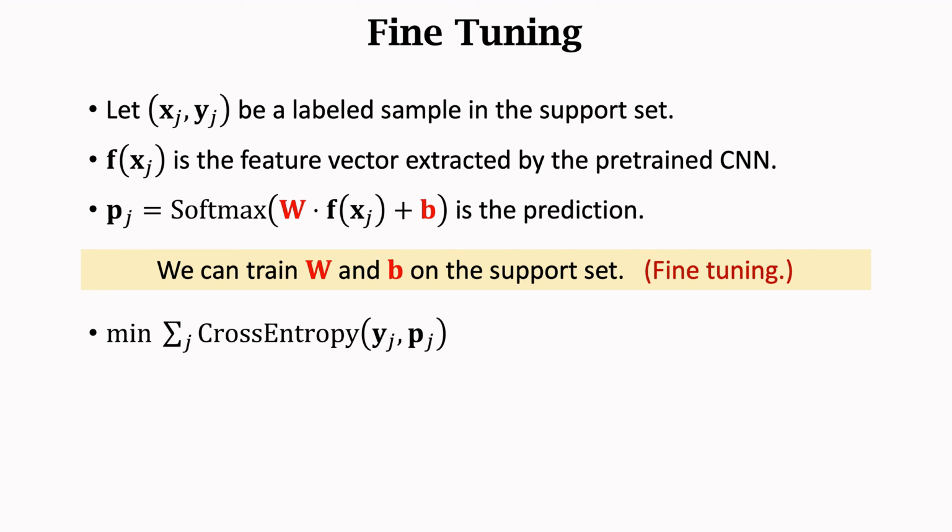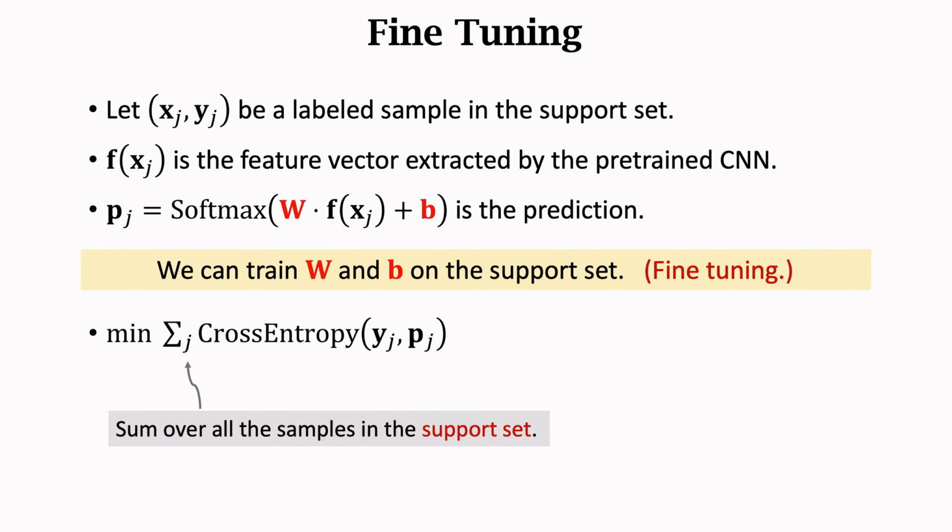Use cross-entropy to measure the difference between the target Y sub j and the prediction P sub j. The cross-entropy is a loss. The support set has a few labeled images. Every image corresponds to a cross-entropy loss. Use the sum of the cross-entropy losses as the objective function.